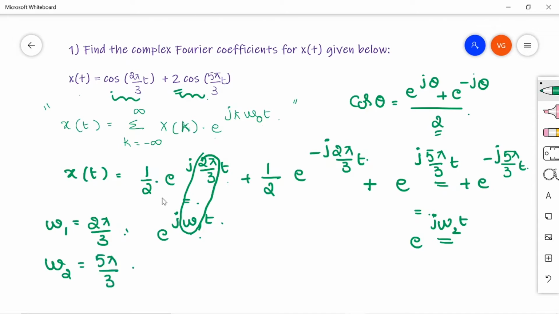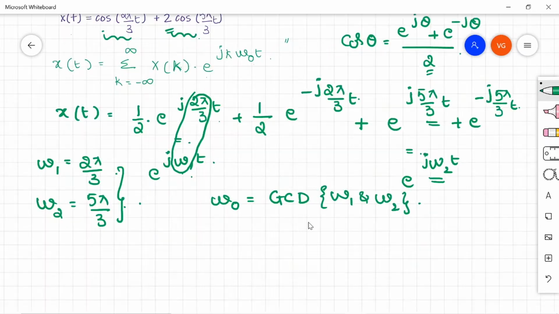To get the common frequency for these two signals, that is if you combine these two signals of different frequencies, you will get one common frequency. The common frequency omega naught is nothing but the GCD of omega 1 and omega 2, right? That is the greatest common divisor of these two frequencies.